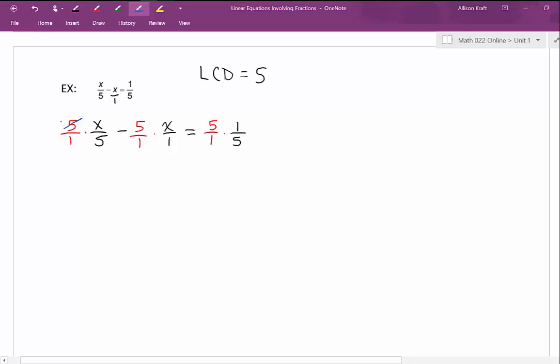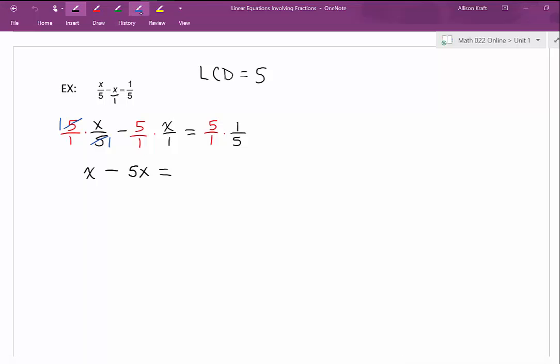5 goes into 5 one time, 5 goes into 5 one time. Multiplying straight across, I'm going to get x over 1, or simply x. In my next pair, the denominators are both already 1. There's nothing to simplify. We multiply straight across. We get 5x over 1, or 5x.